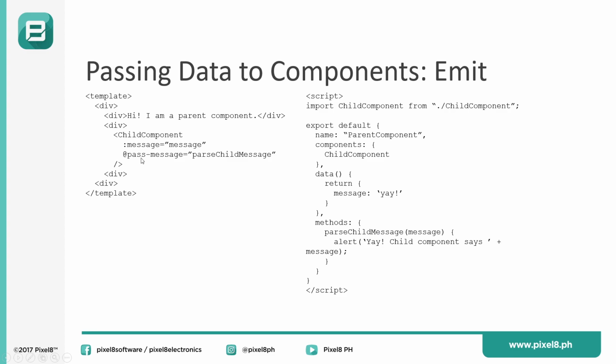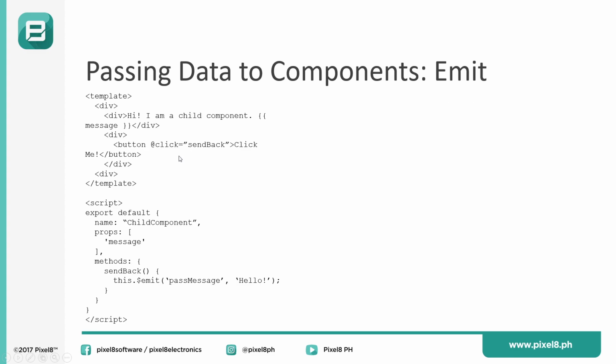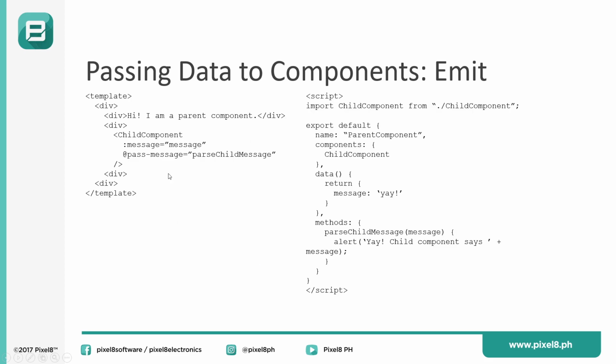Basically, when this event fires, you can see that we are passing a value right here, right, in the child component. So in the parent component, the pass message event contains the message. So that message gets passed to the method right here. In turn, you can expect that the method we have in our parent will contain the message passed by the child component. So all we have to do is to show that the message from the child gets passed to the parent.